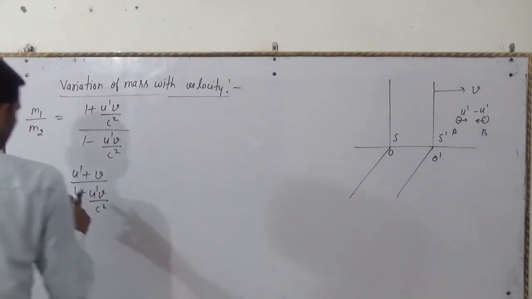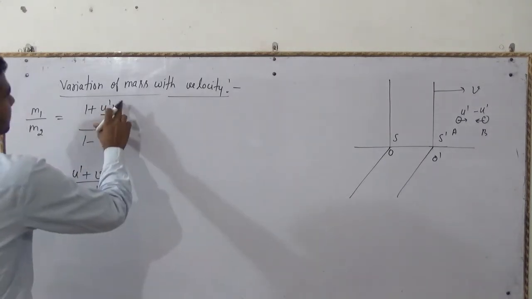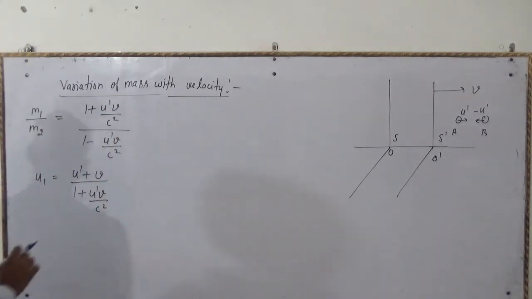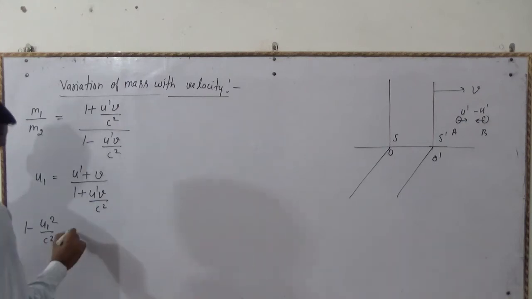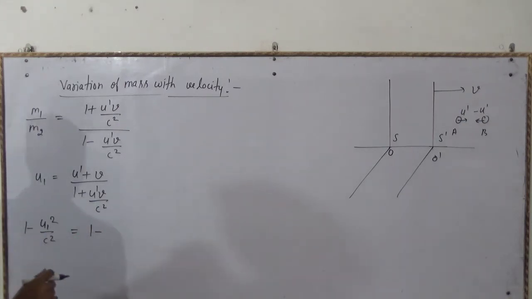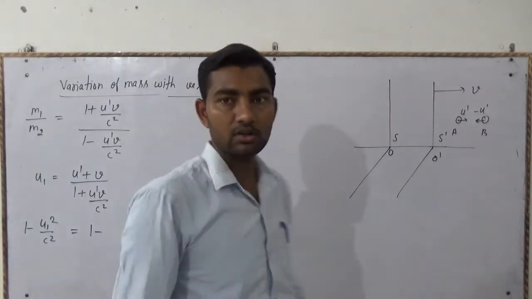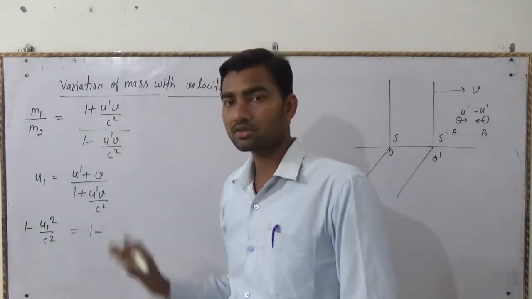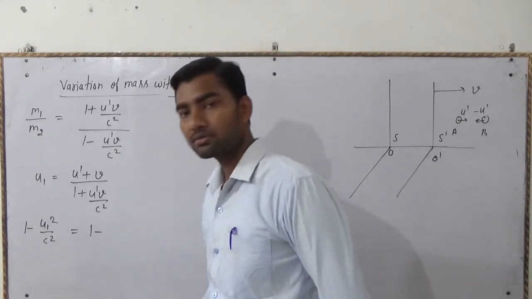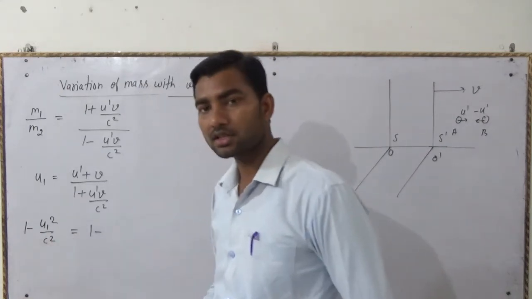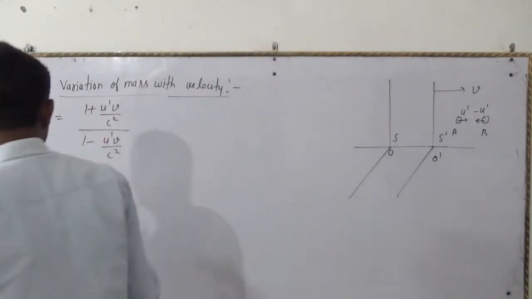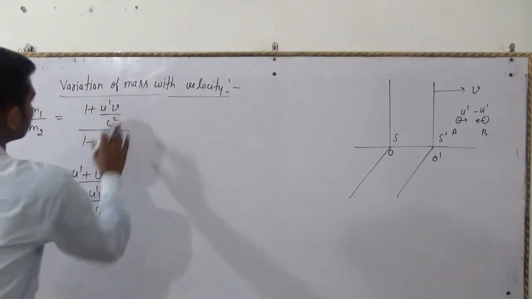So to find it, we will keep a small assumption: we will find the value of 1 minus u1 square by c square. With the use of this small assumption as a formula, we can find the value of this term.